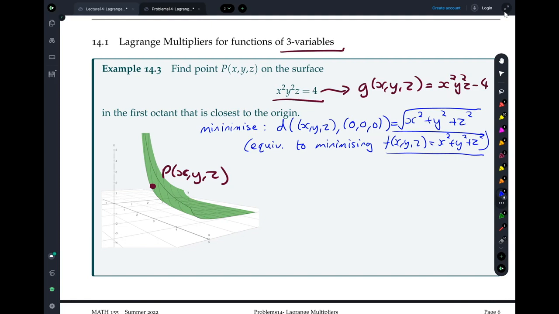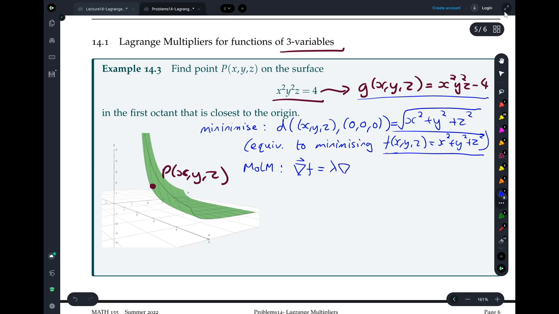Okay, so we have our distance function, we have our constraint, our g(x, y, z). So all we need to do now is work out our Lagrange multipliers. This is exactly the same as before, so method of Lagrange multipliers. We have grad f equals lambda times grad g.